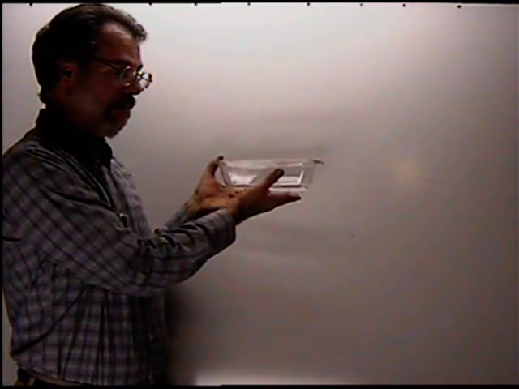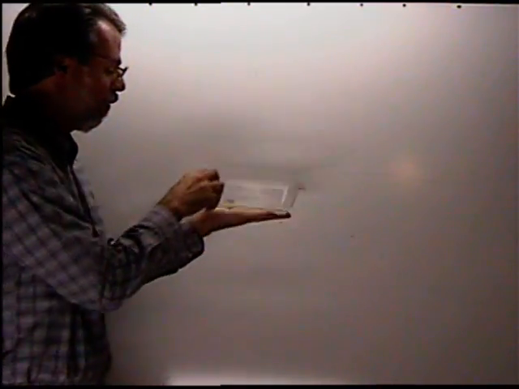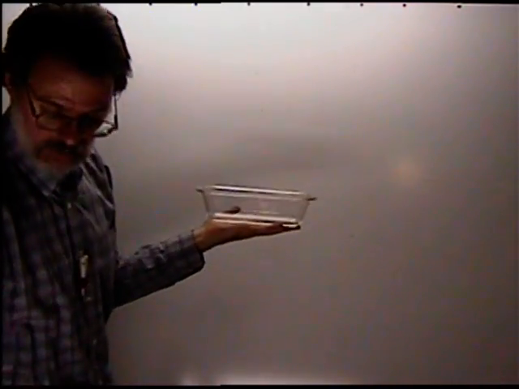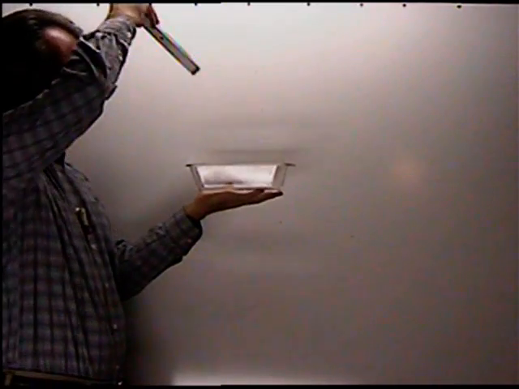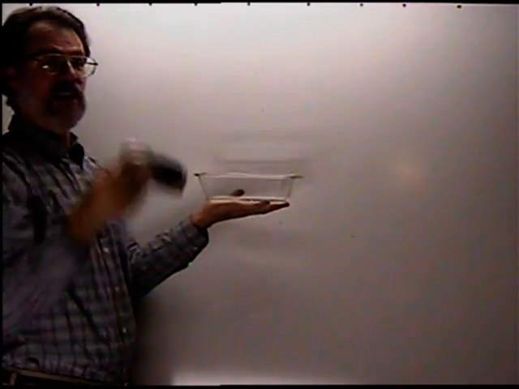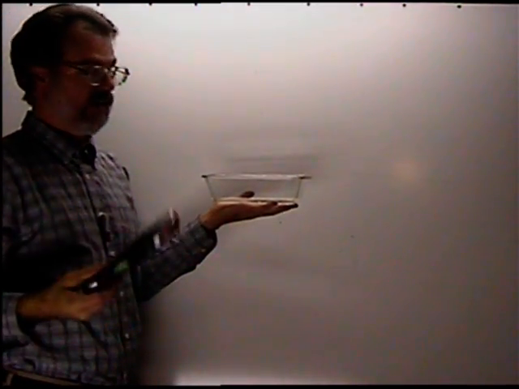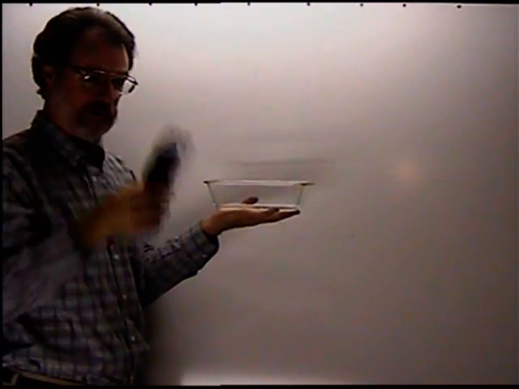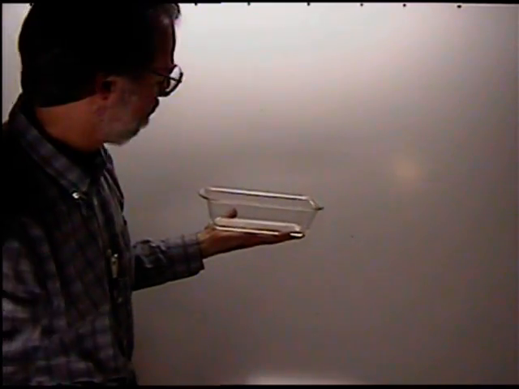And then we're going to take a mirror and put it right on the bottom. Then we're going to take the laser beam and shine it at an angle. The angles are measured using a protractor.